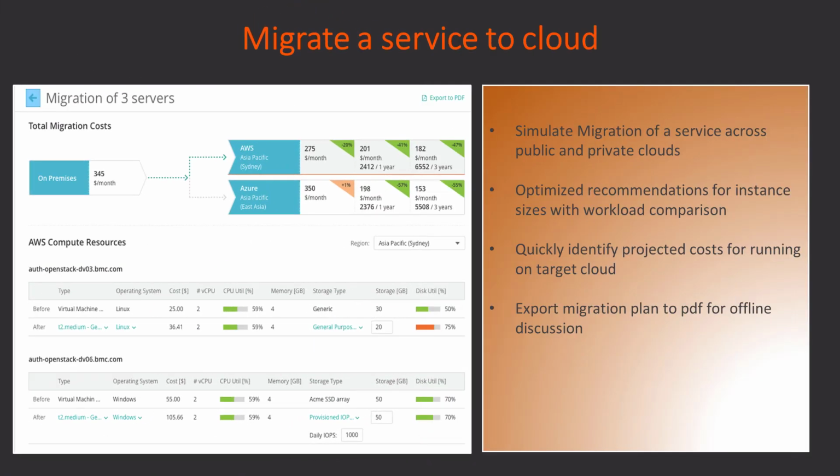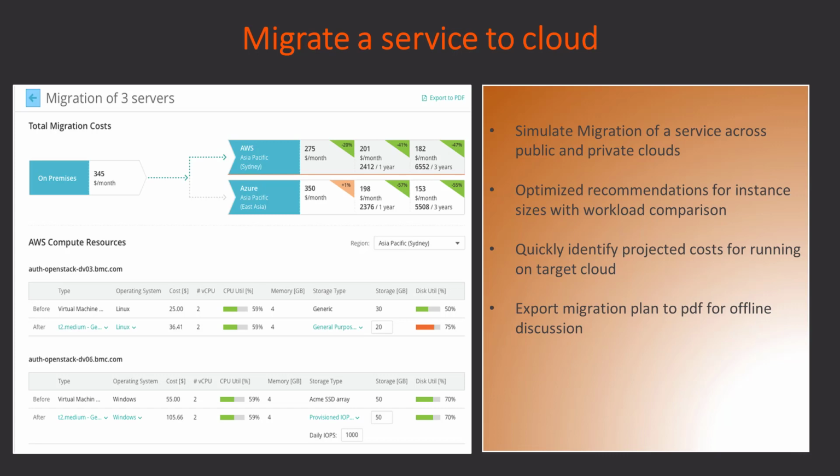So in this screen, we're going to actually talk about how you can migrate a business service to the cloud. Now the solution gives you the ability to either migrate complete business services or individual infrastructure. But in this screen, we're really just focusing on how you would migrate a full business service to the cloud.